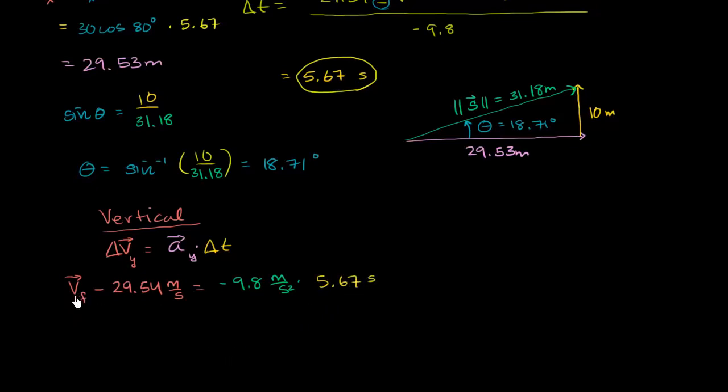And so we can solve for the vertical component of our final velocity. So once again, this is the vertical component. This isn't the total one. Well, I wrote vertical up here, so you know this is the vertical component. So let's solve for this.